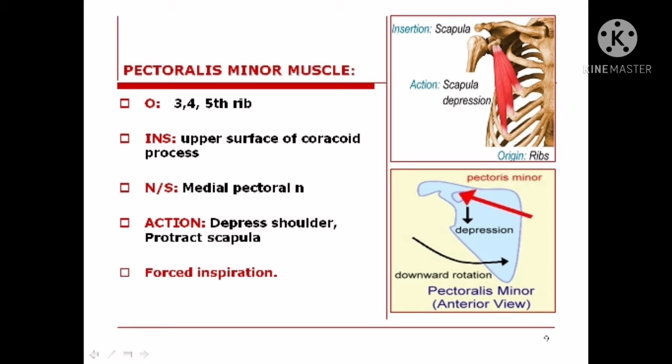The action is to depress the shoulder and to protract the scapula, and its accessory function is that it plays part in forceful inspiration.